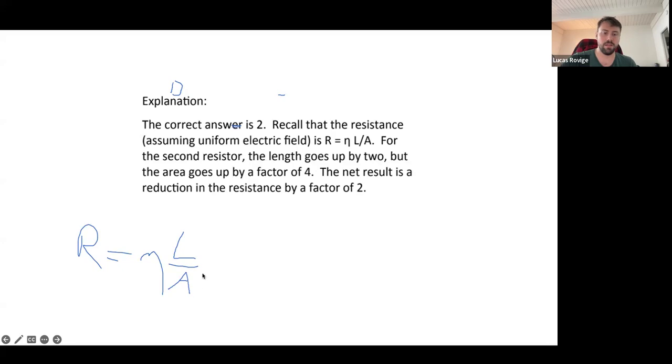Since we have a cube, the length L is equal to A, but the area is equal to A squared. And so if we increase the side, we actually decrease the resistance, because the area increases faster than the length.